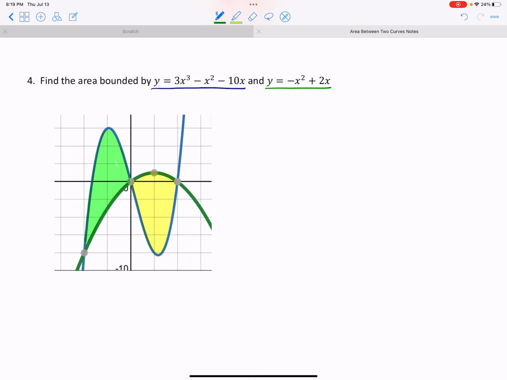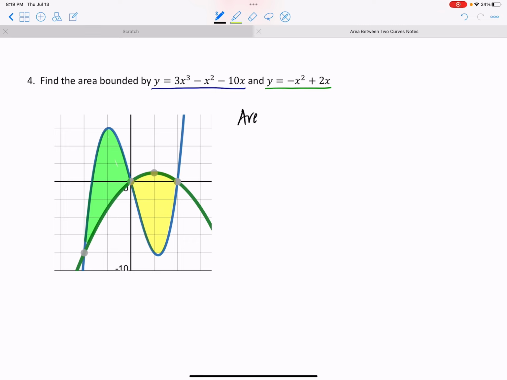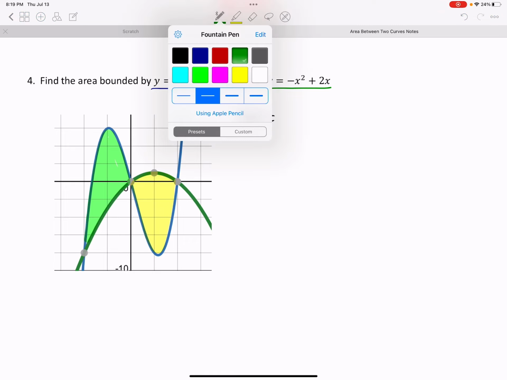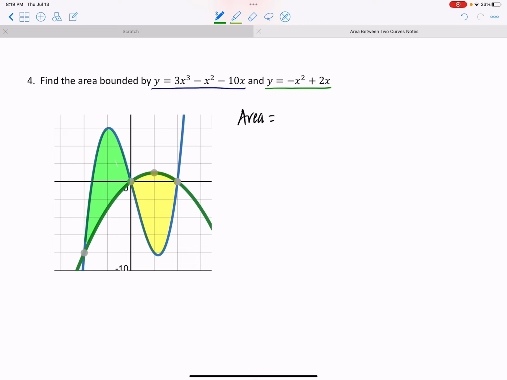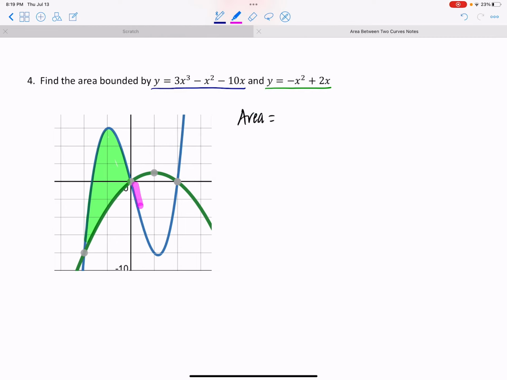So here, my area is going to equal, let me coordinate the colors here. Pink and green, because I have pink and green pens.